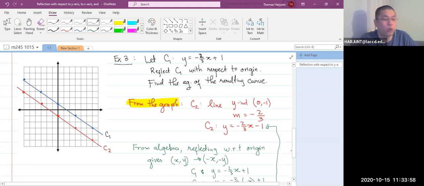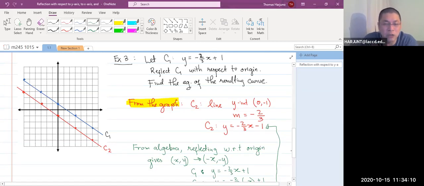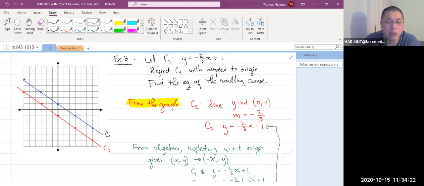Now, what I don't want to happen is this. Oh Thomas, so you're saying that if I need to reflect with respect to the origin, x-axis or y-axis, what I can do is graph it, reflect that, and see what's the equation? No, that's not what I'm saying. What I'm saying is the graph confirms what we did earlier, such that in the future I can take a function, reflect its graph, and get the equation without graphing it.